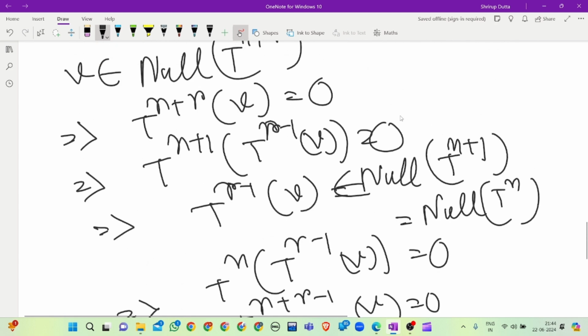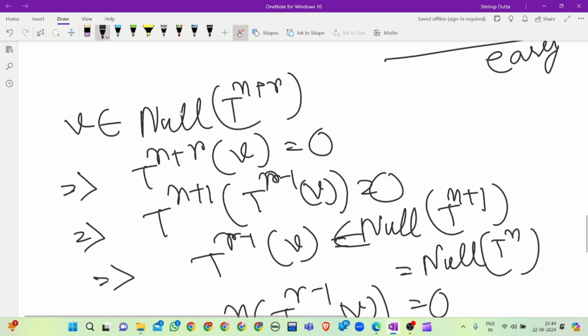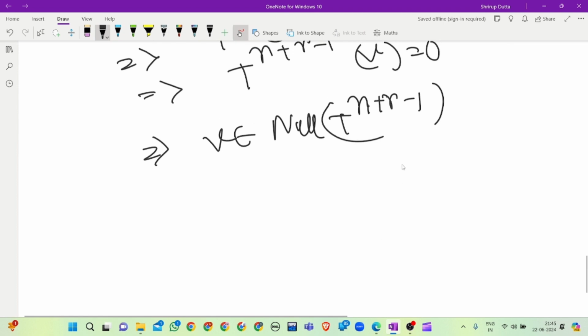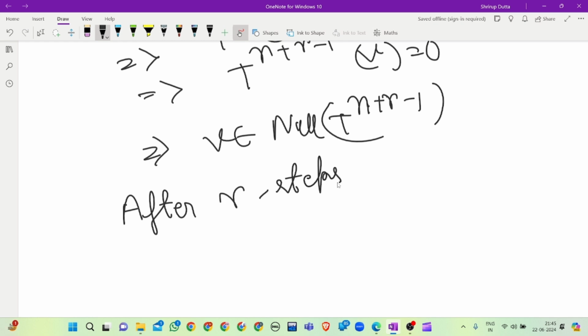We previously have v belongs to null space of T to the power n plus r, and we now have v belongs to null space of T to the power r minus 1. So after r steps, continuing in this manner, we will have v belongs to null space of T to the power n.